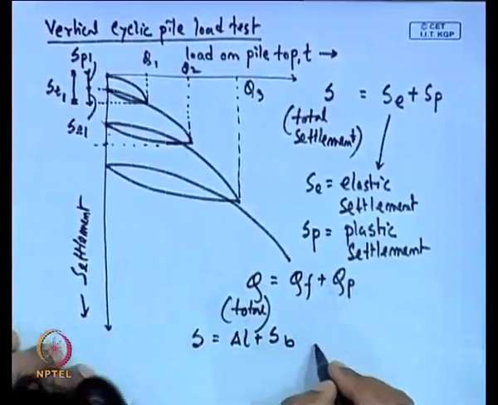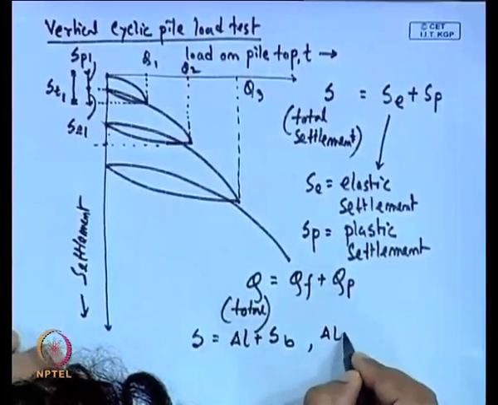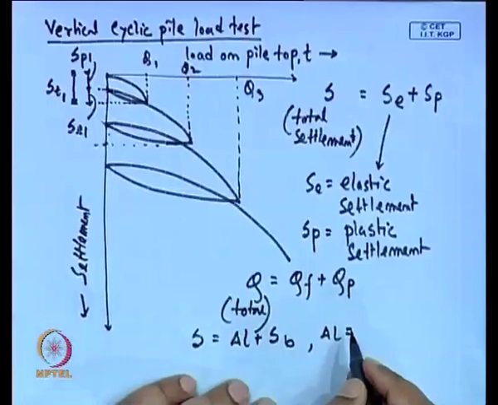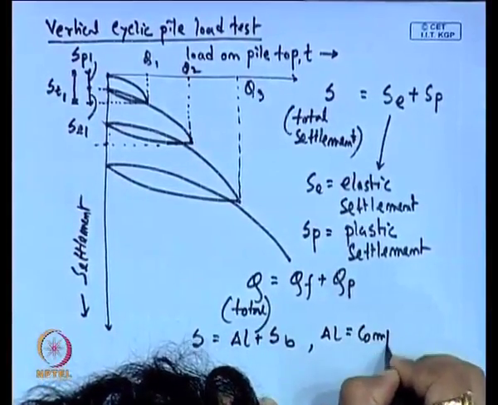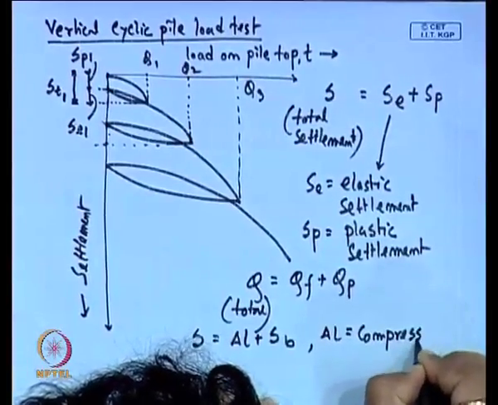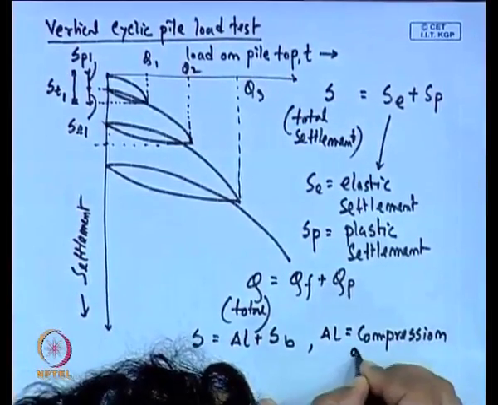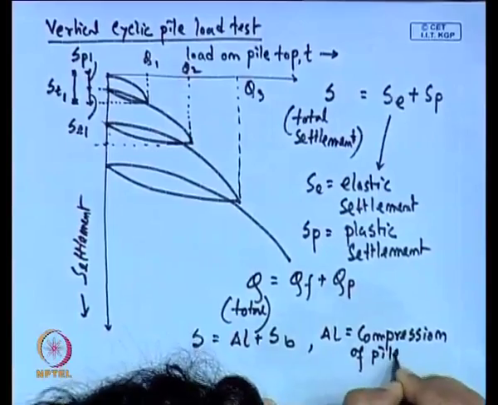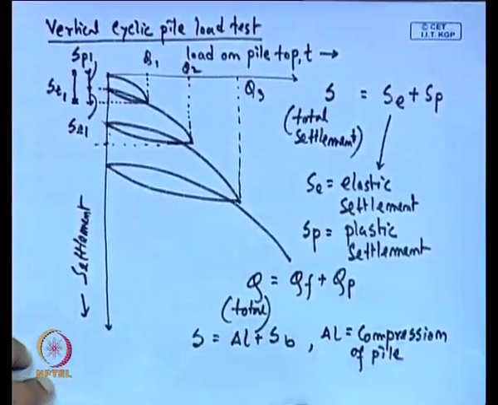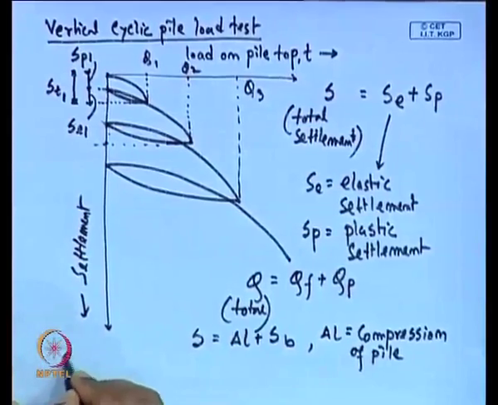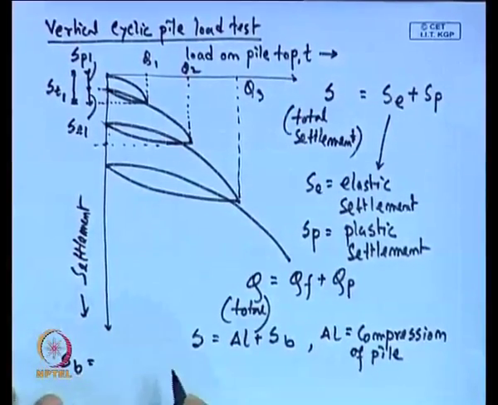So now, del L is equal to the compression of the pile material, and S B is the compression of the soil at the base.